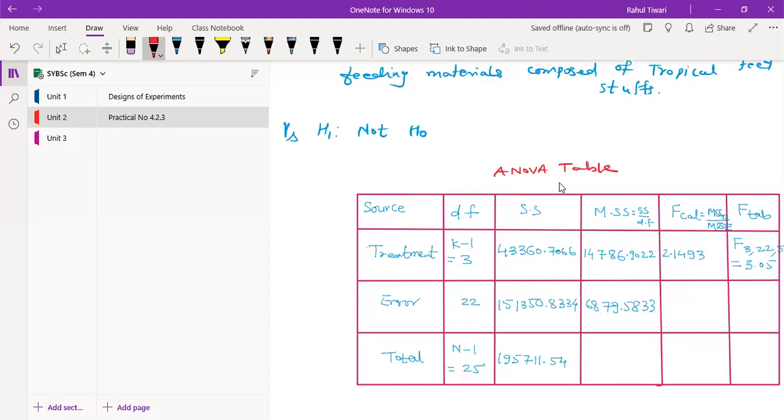Okay. And now you can just write down these degrees of freedom based on your observations and conclude your results.